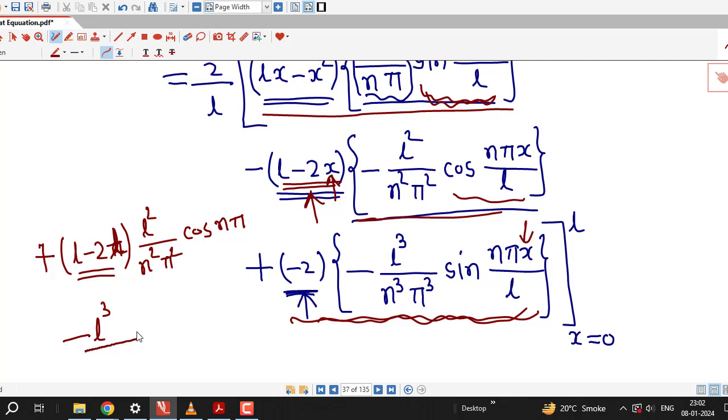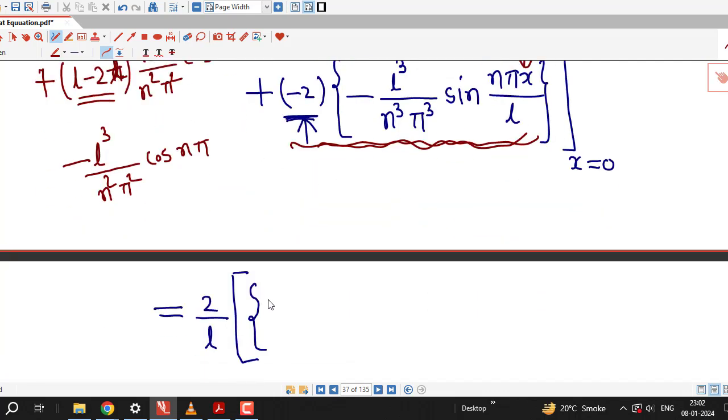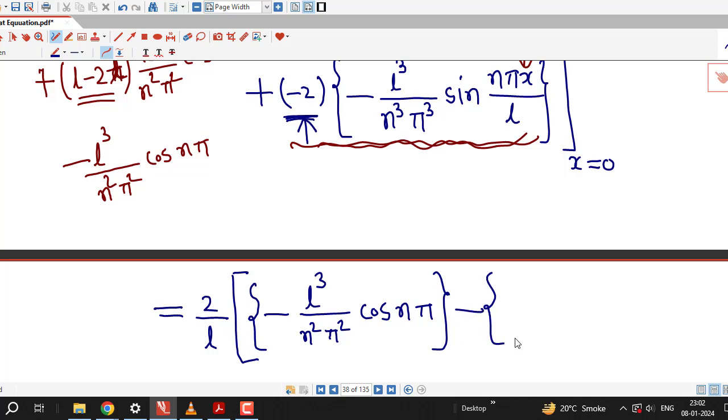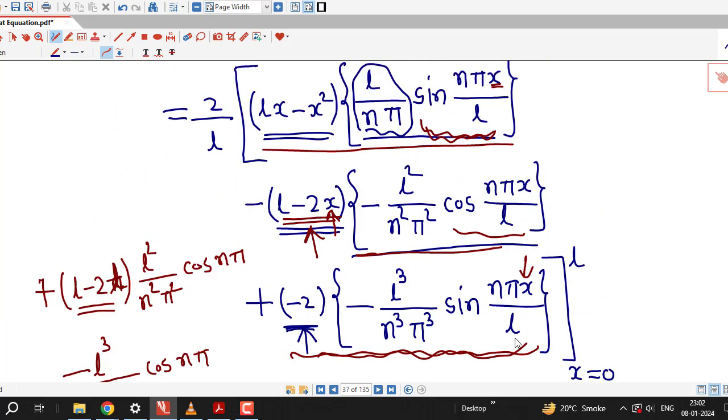So we have minus L cube divided by n square pi square into cosine of n pi. That I write directly here. Here for x equal to L, I obtain minus L cube divided by n square pi square cosine of n pi. This is for the upper limit, that is when we put x equal to L.